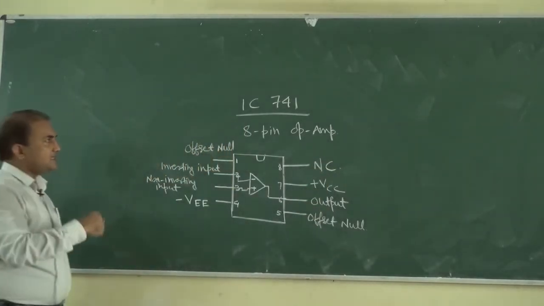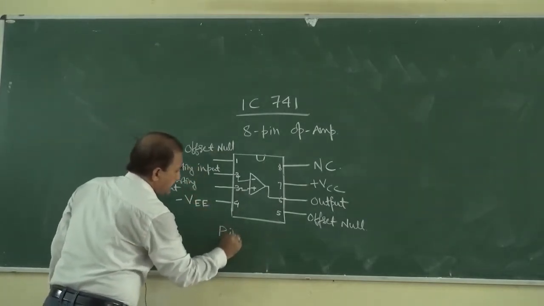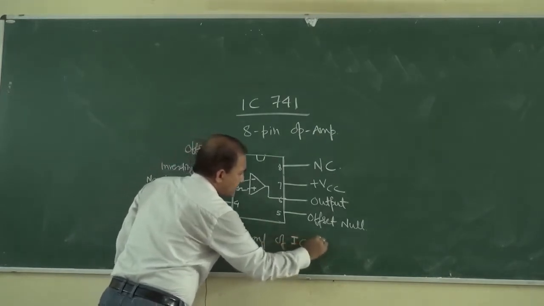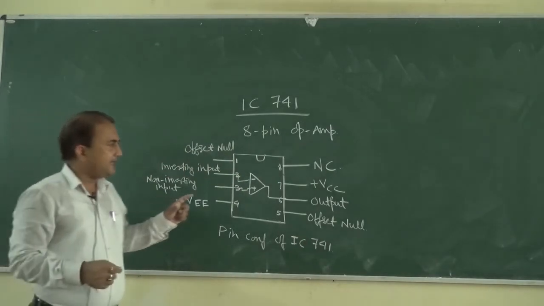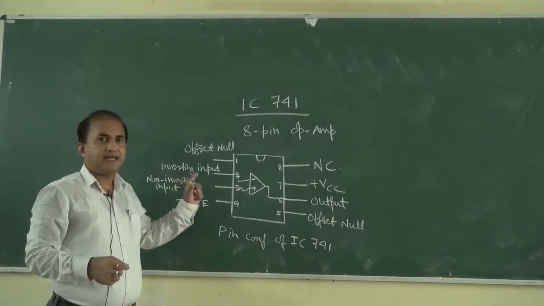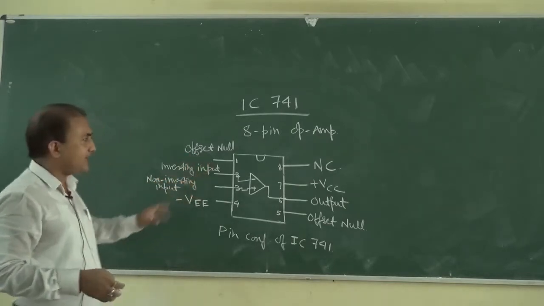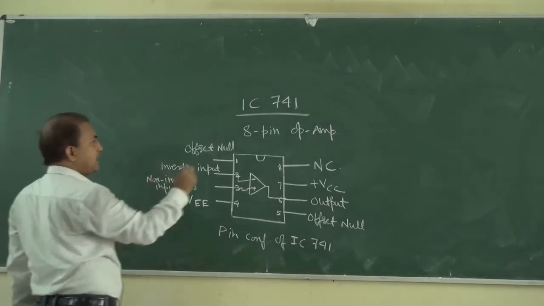Okay, so this is the pin configuration of IC 741. IC 741 is generally an 8-pin IC, and this is an operational amplifier, and this is the pin configuration diagram of IC 741.